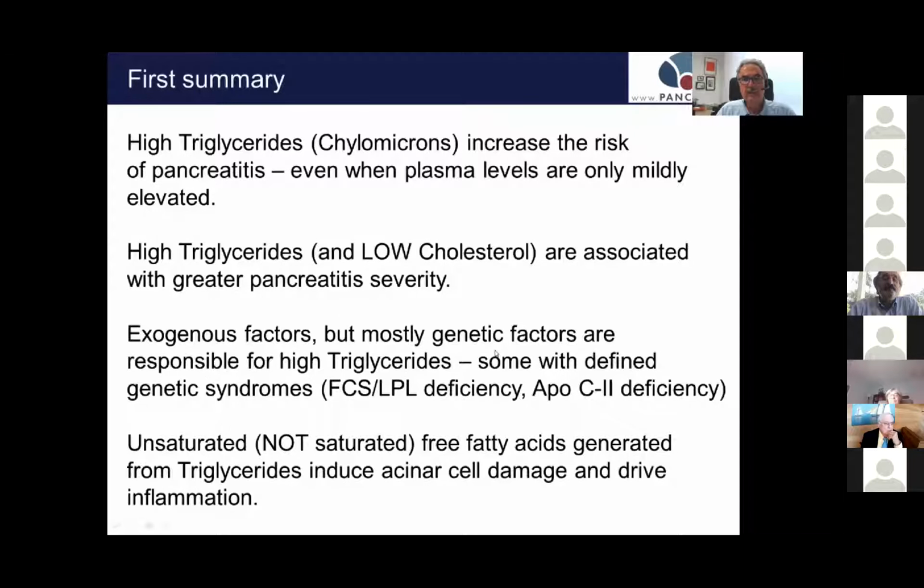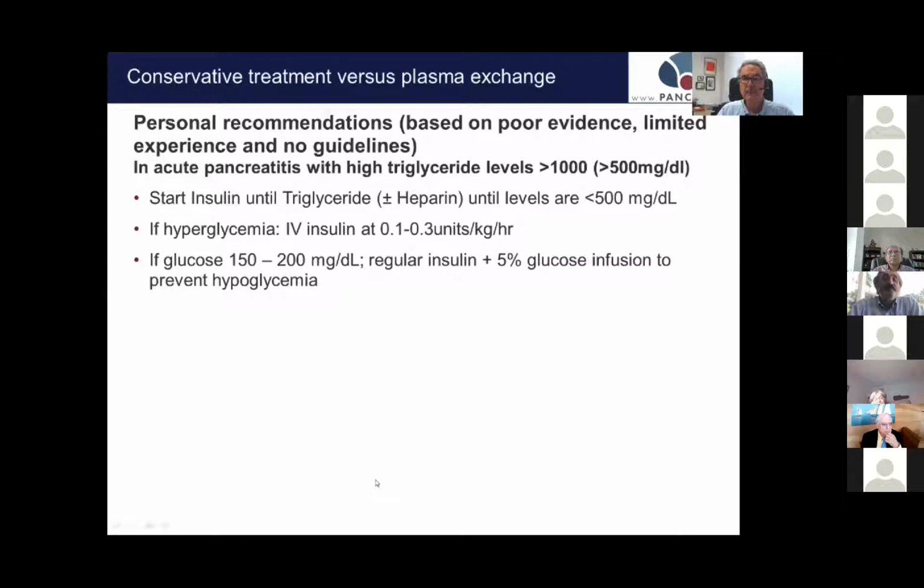Exogenous factors, but mostly genetic factors, are responsible for high triglycerides, some with defined genetic syndromes, like FCS or lipoprotein lipase deficiency or ApoC2 deficiency, and unsaturated, not the saturated free fatty acid generated from triglycerides, induce acinar cell damage and drive inflammation.